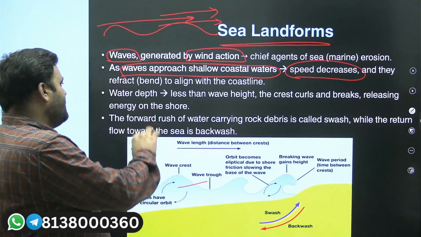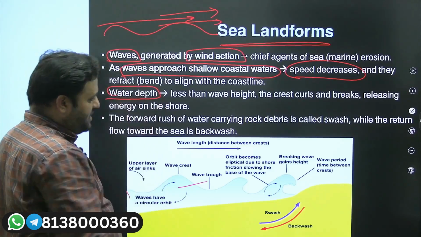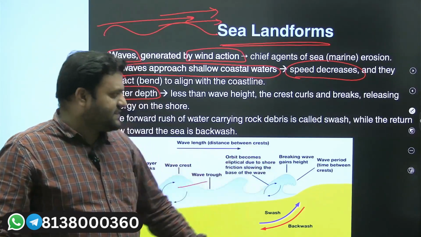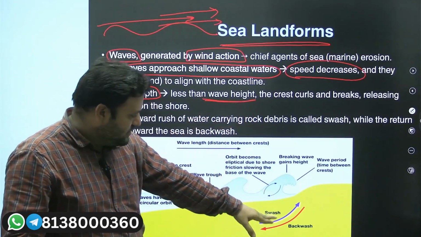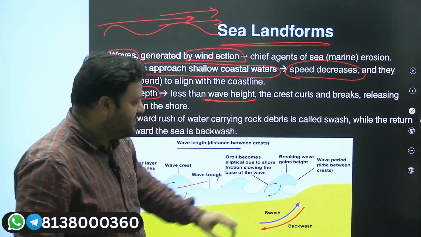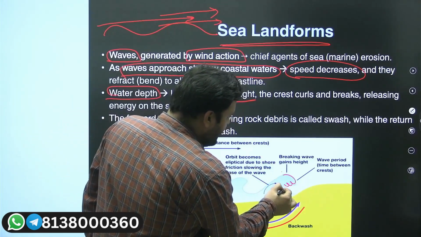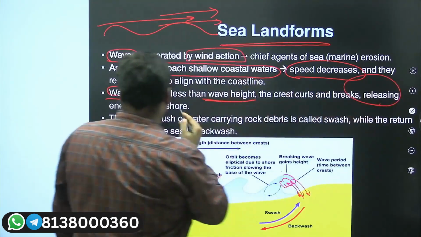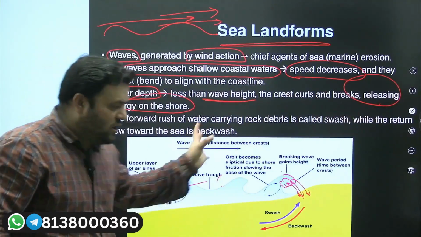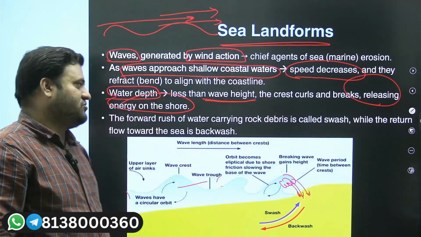And yes, with respect to the water depth, if the depth of water is less than the wave height, then the crest is going to curl and it is going to break. There will be a release of energy on the coastline, on the shores.